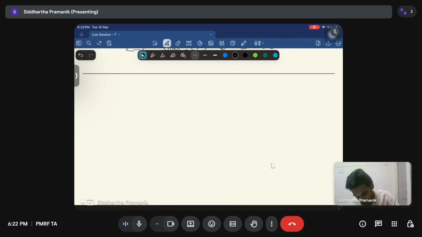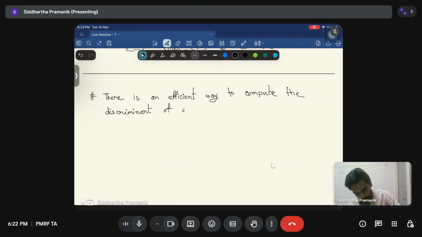So let's write down the things. There is an efficient way to compute the discriminant of a polynomial.